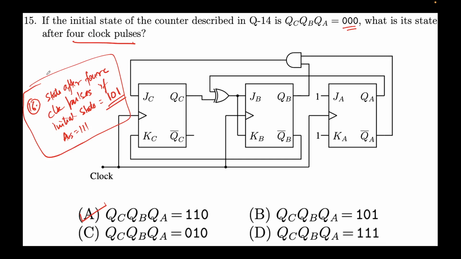We keep repeating this exercise until we reach the initial state, right? Because these are counters, and hopefully they repeat themselves, and the number of clock cycles after which we reach the initial state again is known as the modulo, of which we have seen various examples.